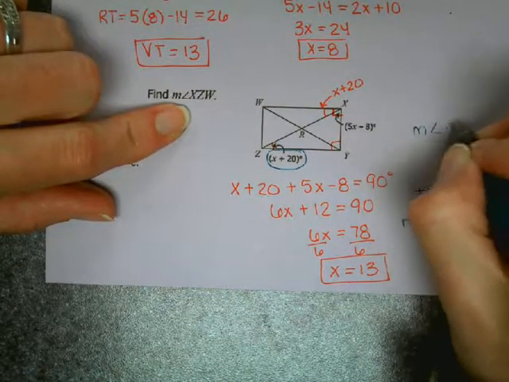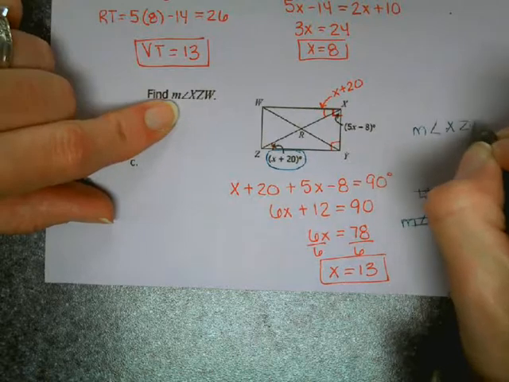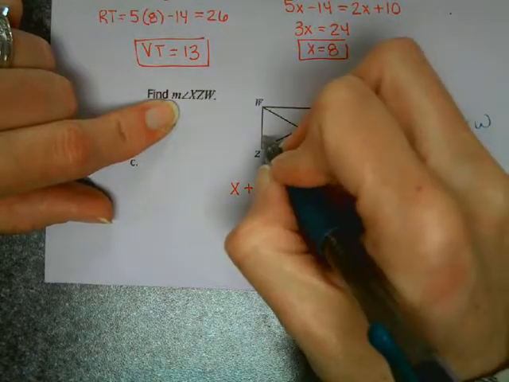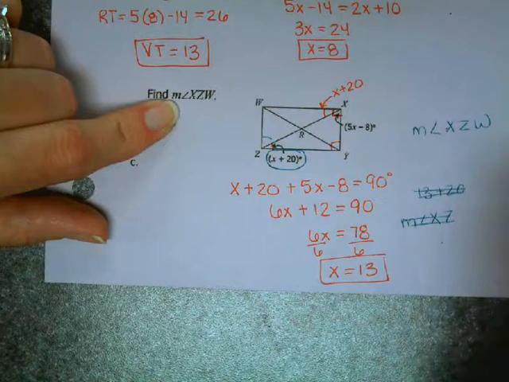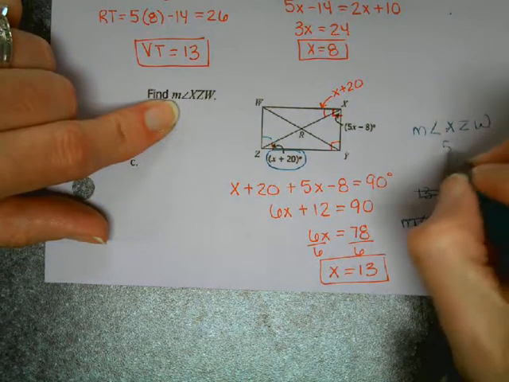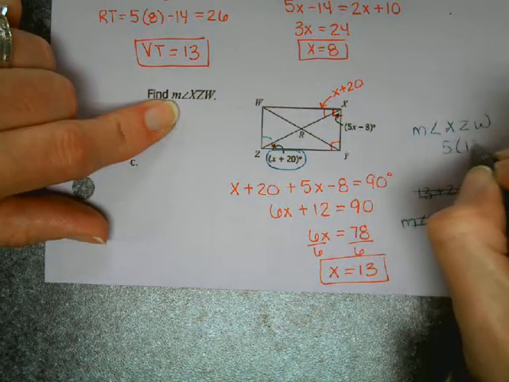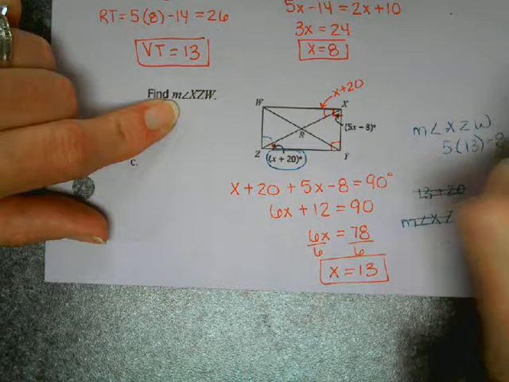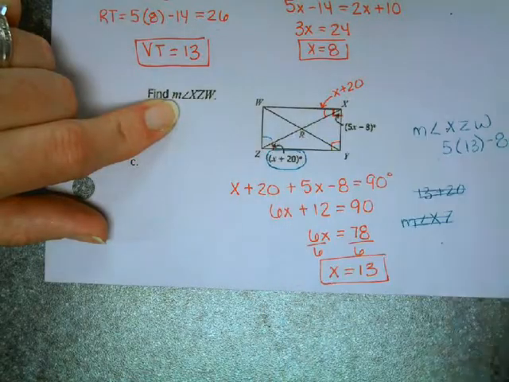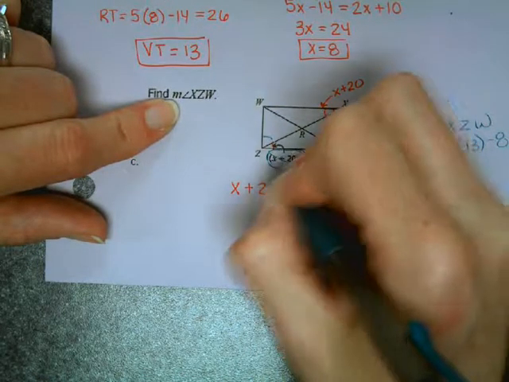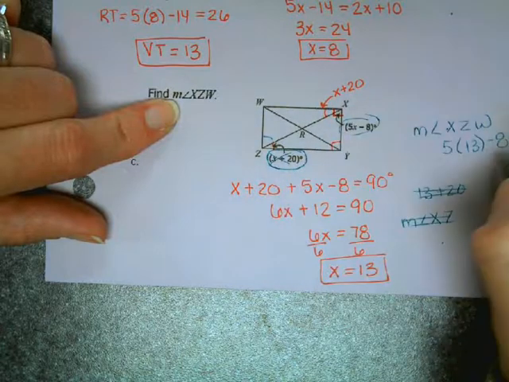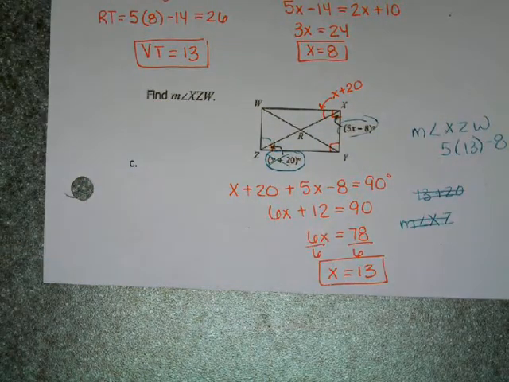That's XZY. We want the measure of angle XZW. So that's this side over here. So that would be the same as 5 times 13 minus 8, because it's alternate interior with that side. Okay, my bad, don't do that one. Do this one.